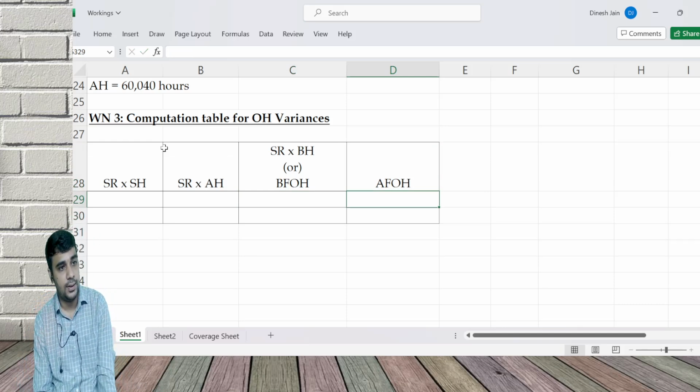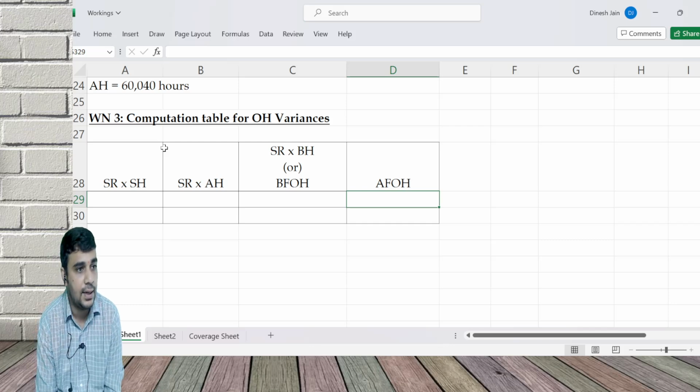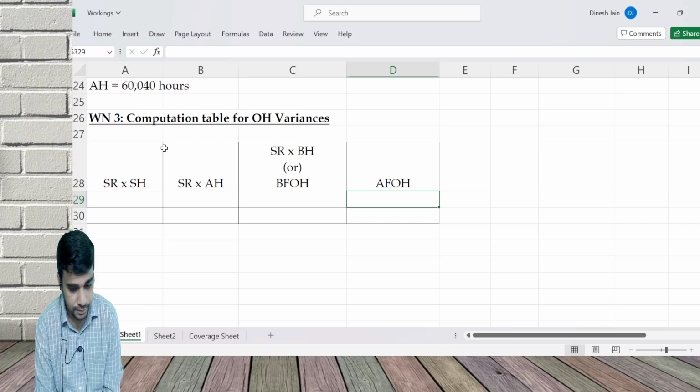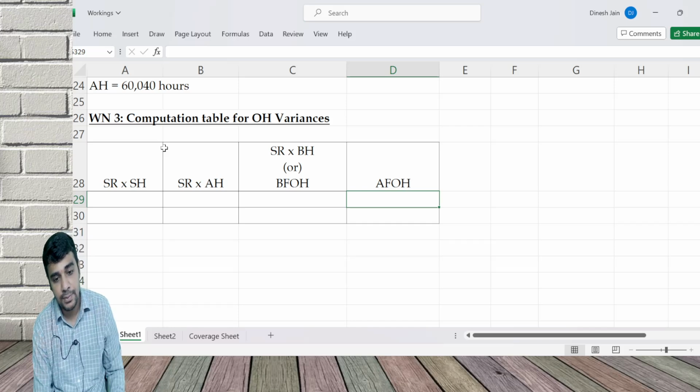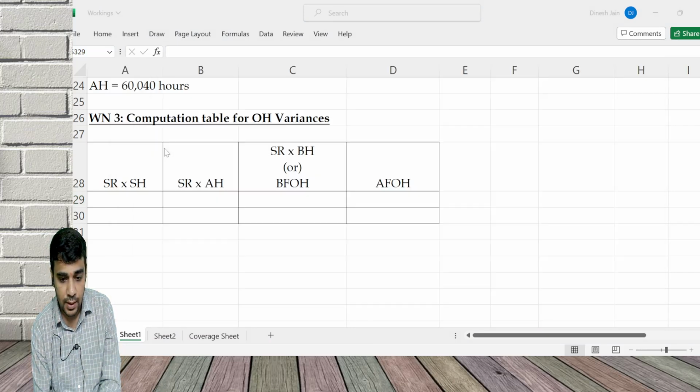I don't want them. In a comprehensive question, mostly we will copy paste the SH and AH. Mostly we will copy paste standard rates and actual rates. So I may not need the conversion factor. Computation table for OH variances.